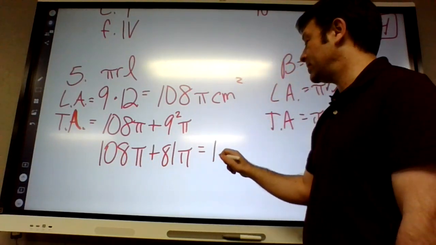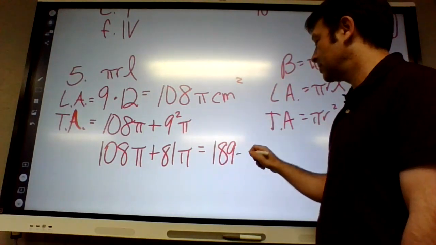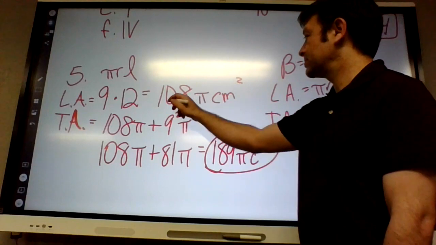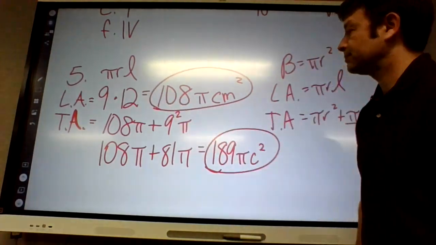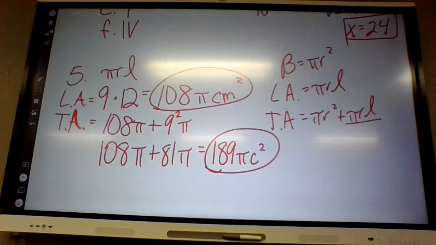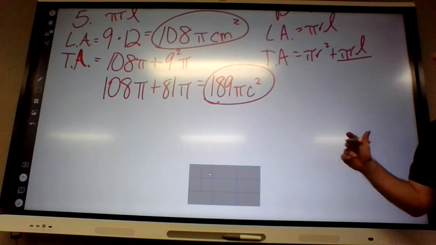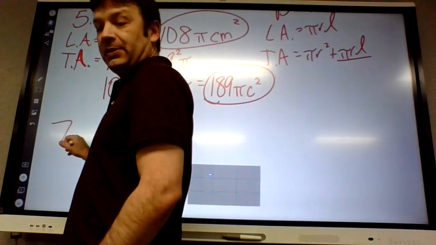So it is 189 pi centimeters squared. So that's the two answers. That kind of makes sense. Hopefully. Number 7.